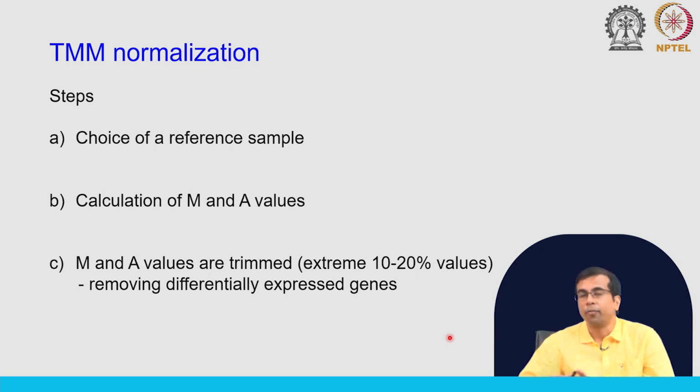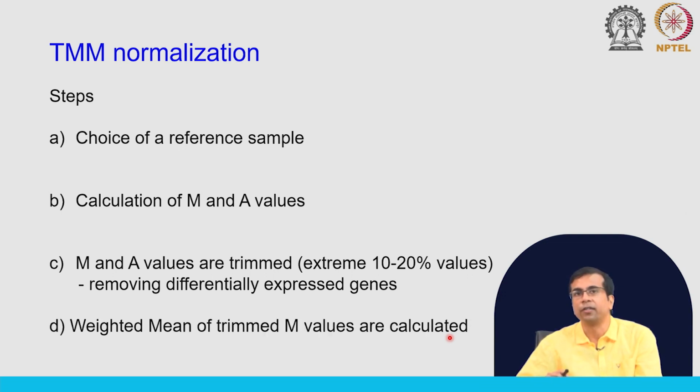Okay. What it means is that you are removing genes that are showing differential expression. They are showing a difference in expression between samples and you are removing those genes before you calculate the normalization factor. Okay. Once we have removed these genes, then we calculate the weighted mean of the trimmed M values.